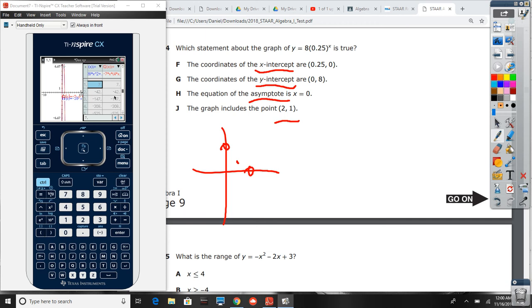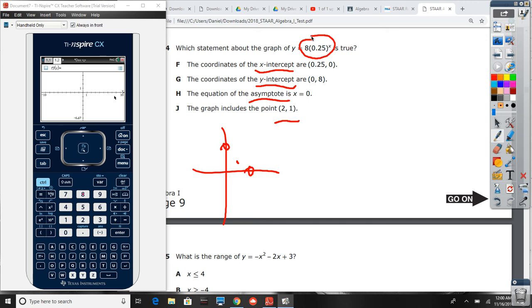So because I can find them on the graph, I'm going to use my calculator, and I'm going to go ahead and do Control Doc and add a graphs page. Okay, so I'm going to add a graphs page, and I'm going to type in the equation they gave me. Remember, f of x is the same thing as y equals, so I'm only going to type this part right here.